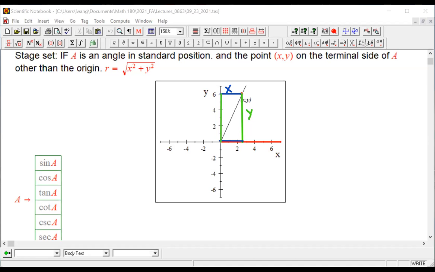Reference angle. I'm sorry? The reference angle for r. So would r be the reference angle from an angle A? Can you type that word? Reference angle, Professor. It is not the reference angle.